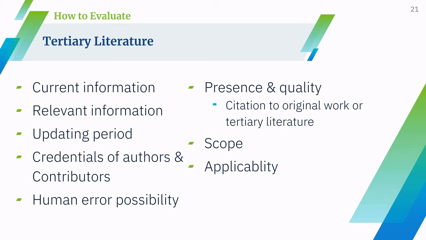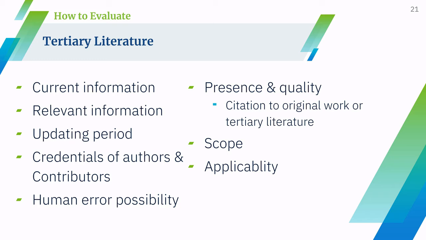The user should evaluate tertiary literature sources as critically as the primary literature, for example, clinical trials. The selected resources should contain the most current and relevant information addressing the topic. Choosing a source that is updated monthly or quarterly should aid the user in finding the most current information.